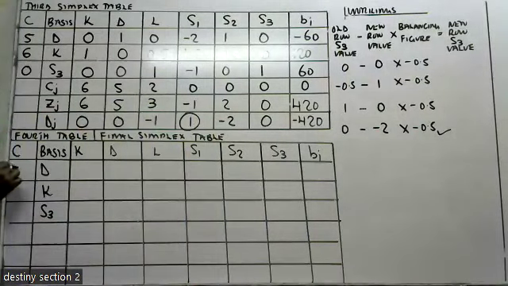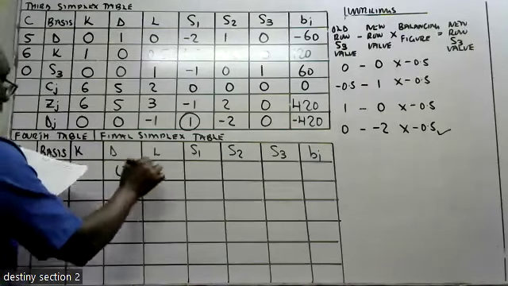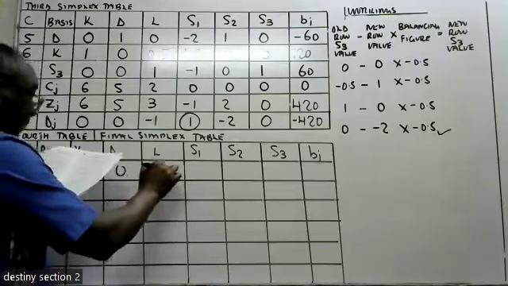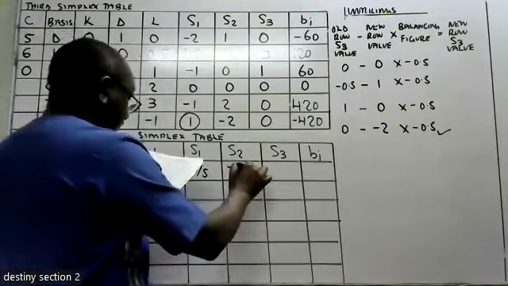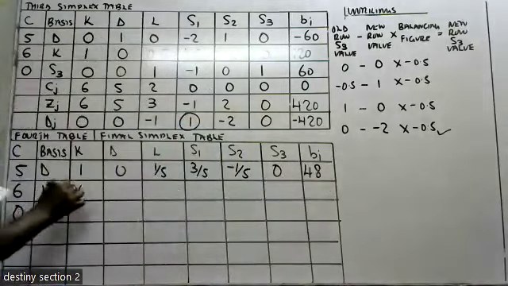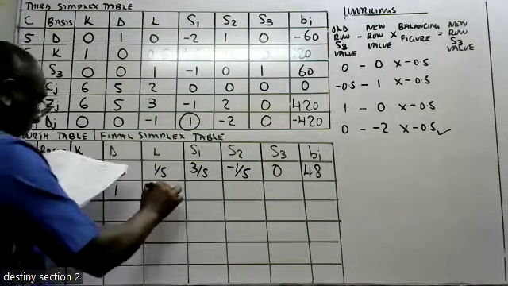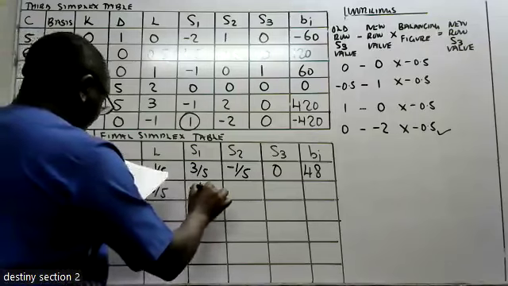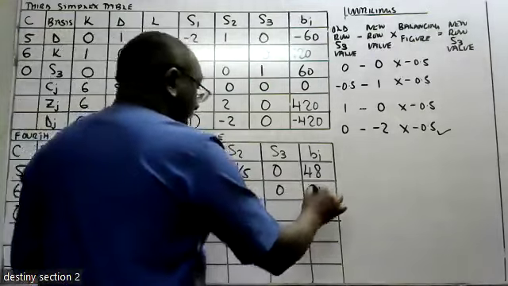So the contribution margin here for D, we know it's 5. This one we know is 6. This one we know is 0. So the values that we finally got are 1, 0, 1 out of 5, 3 out of 5, negative 1 out of 5, 0, and 48. Then 0, 1, 3 out of 5, negative 1 out of 5, 2 out of 5, 0, and 84.